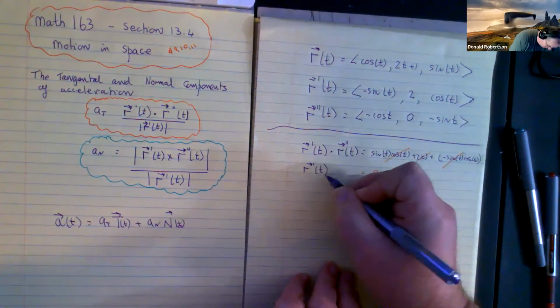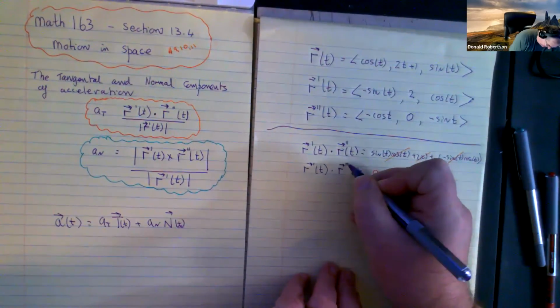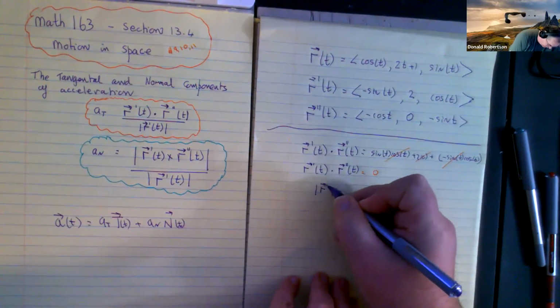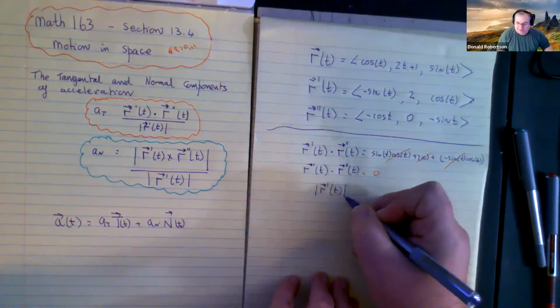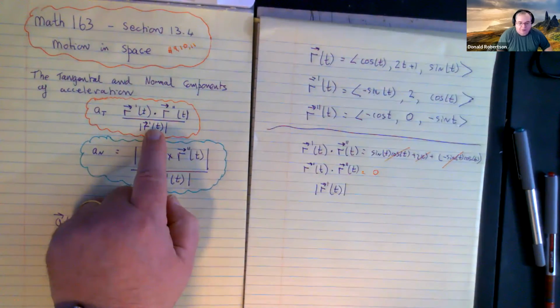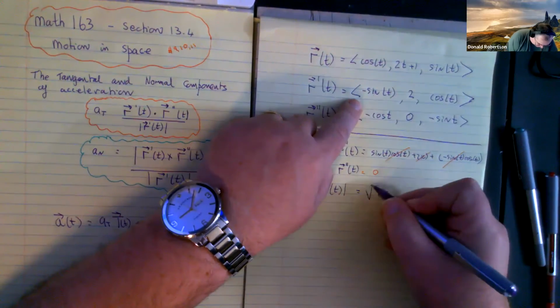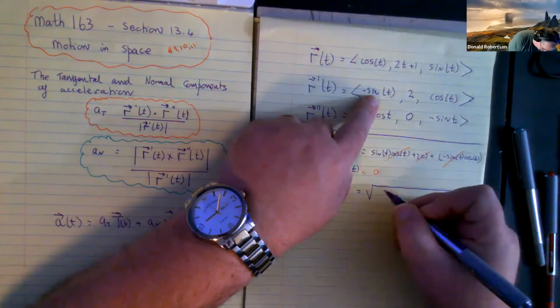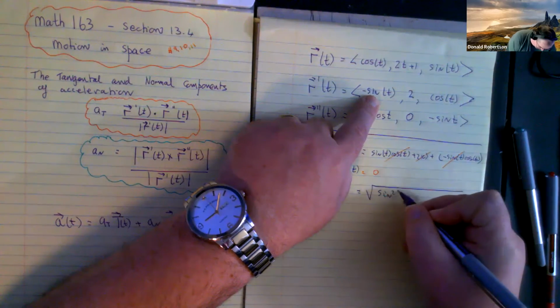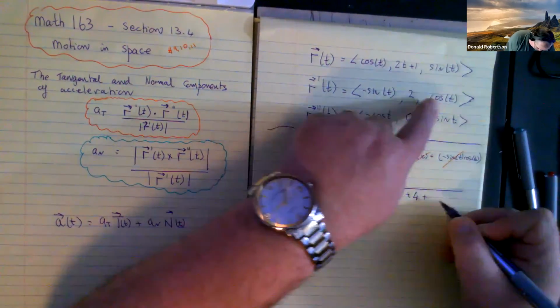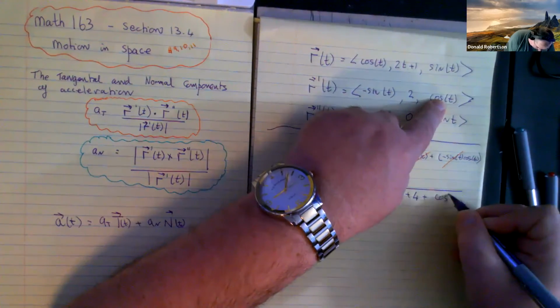Now, only for completeness' sake, I'm now going to find the magnitude of the first derivative, because I need to know that as well. And the magnitude of this is the square root of that squared, which is sine squared t, plus that squared, which is 4, plus that squared, which is cosine squared t.